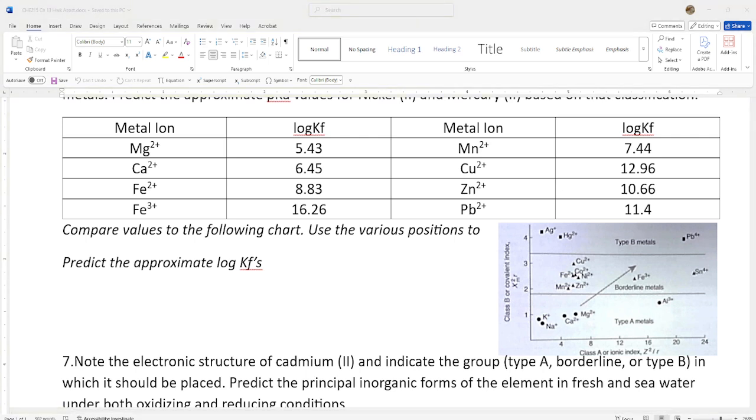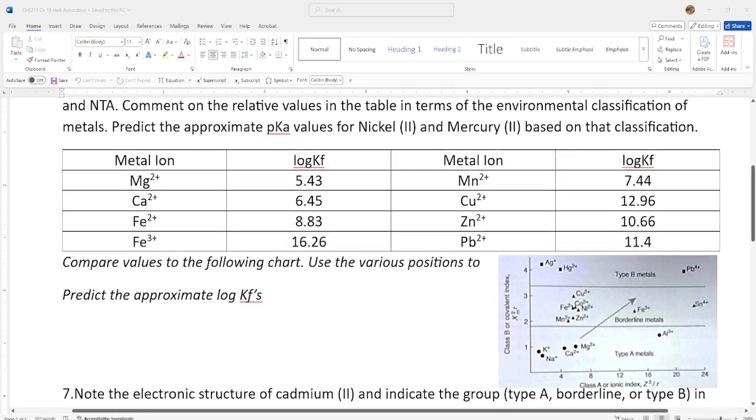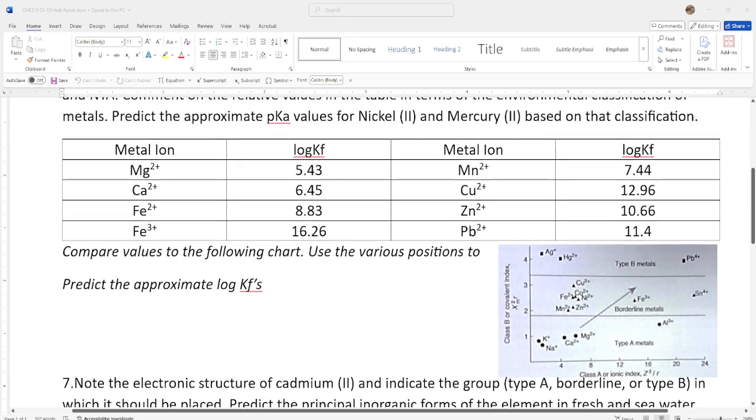So we want to see where nickel 2, mercury 2 should be based on those numbers. Nickel 2 plus and mercury 2 plus. Mercury 2 plus is right below zinc. So it's larger than zinc, but it's the same classification as zinc.